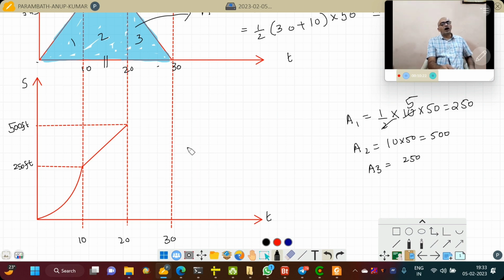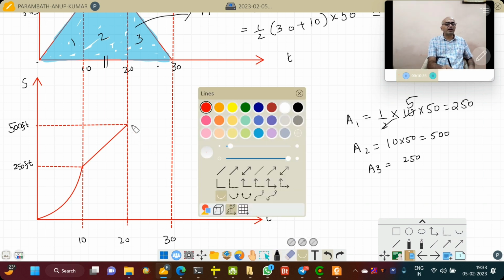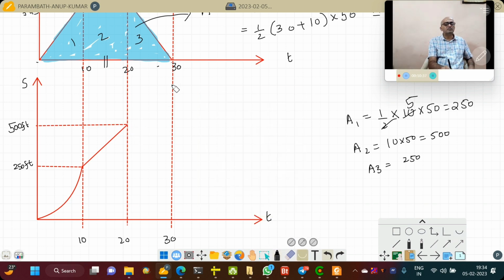After that, there is a deceleration, students. So deceleration, I have to show by a curvature like this, as speed is going to become 0, flat. So using that curvature idea, the curve has become flatter, students, speed 0.